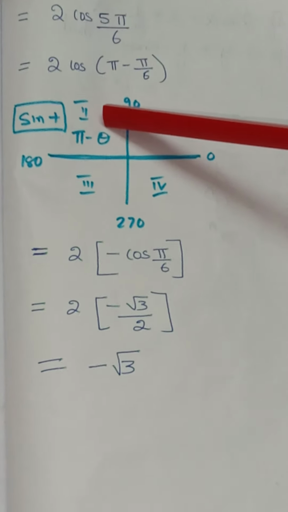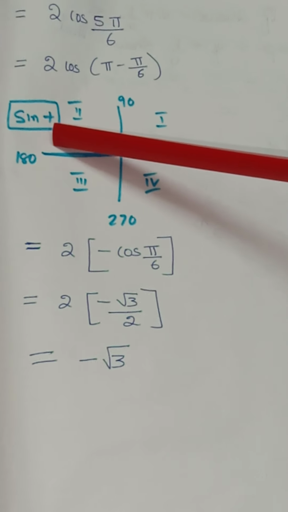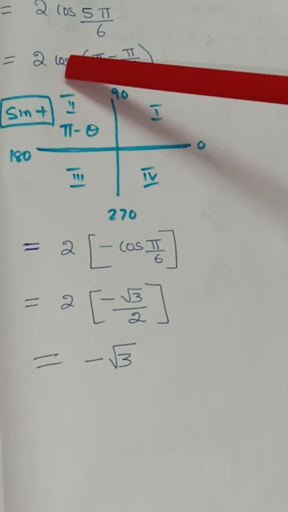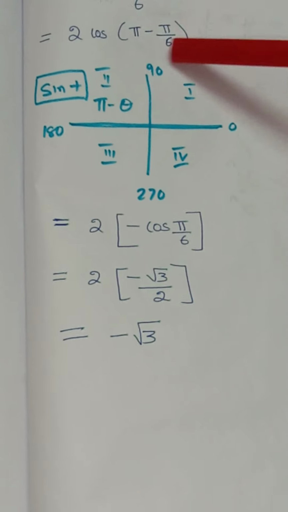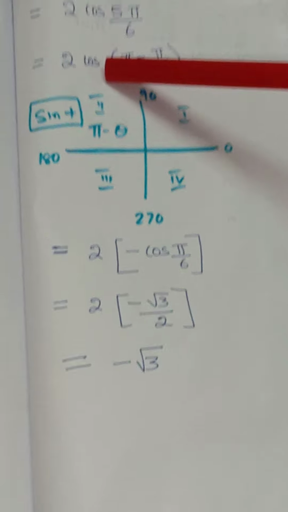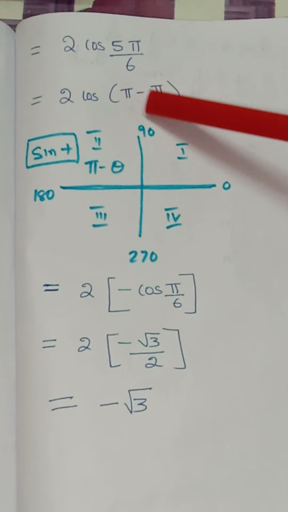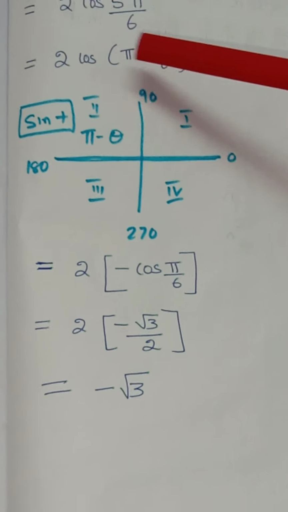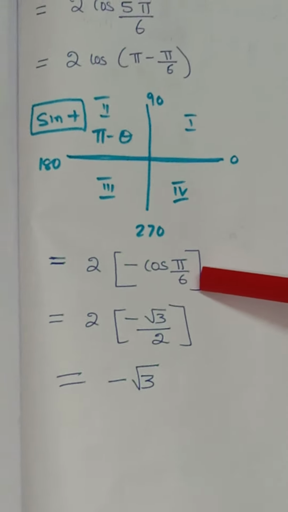What we have learned in our 11th standard is in the second quadrant only sin will be positive. But here we are having cos. So this outside 2 I have to write as it is. Since it is lying in the second quadrant and cos is negative, I have to put a minus sign. I have to forget about this pi minus because this is only to find out the quadrant. Then what is remaining is cos pi by 6.